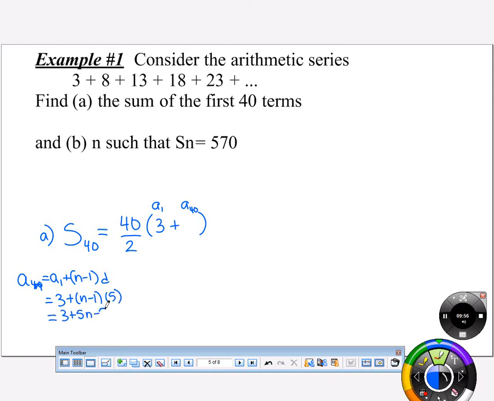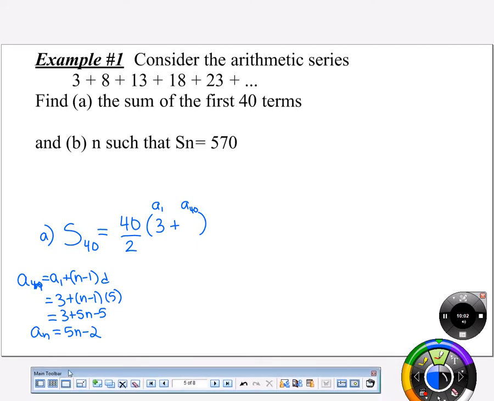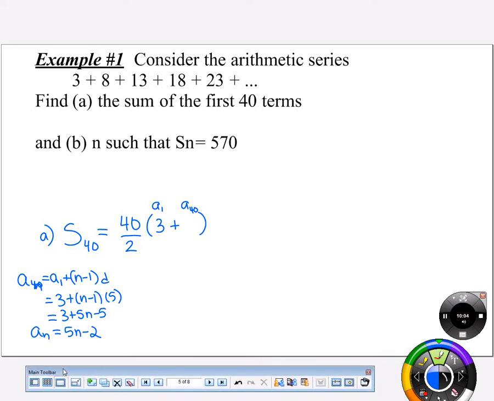So the rule for this series is 5n minus 2. Again, my whole point in doing that was really to use the rule to find the 40th term without having to write it all out. So 5 times 40 is 200, and 200 minus 2 is 198.